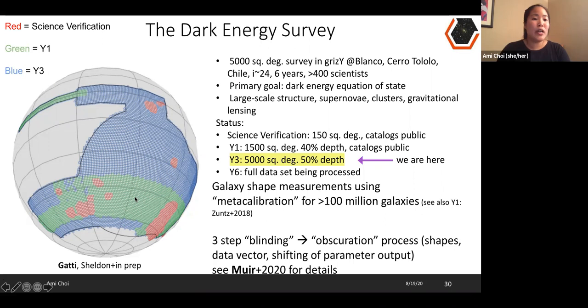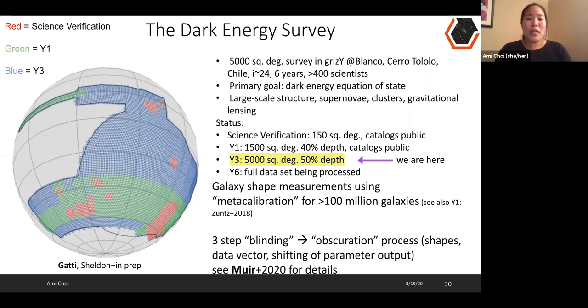This green hashed area, including also Stripe 82 up here. The catalogs are also public for Y1. And we're currently here at Y3, where we've covered the full footprint, that's in blue, but we're only at half depth. So the Y6 dataset will be the full completed dataset to full depth.